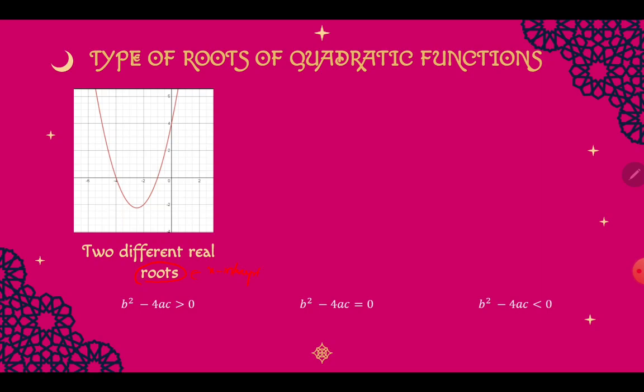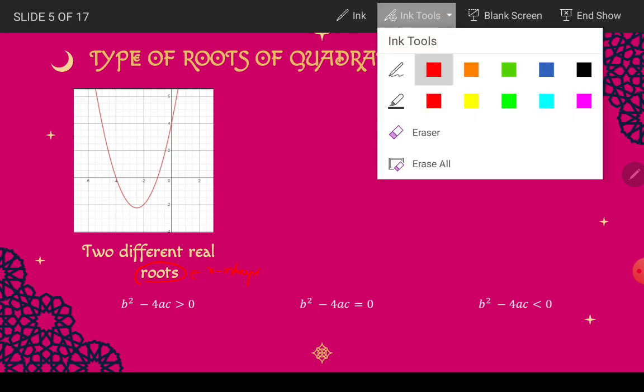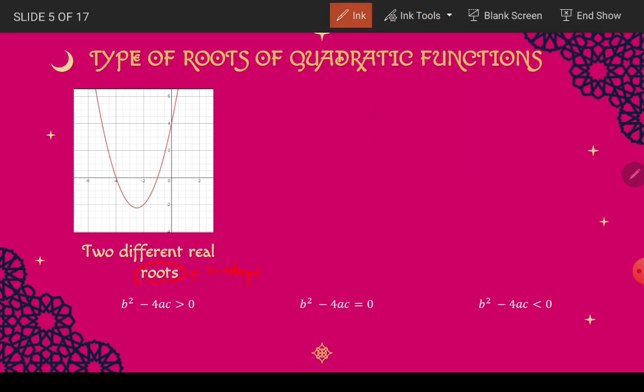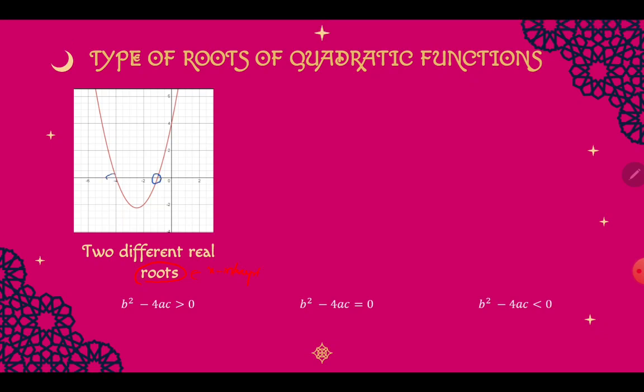Here. Let me change color. Where is the intercept? Here. So what type is it? It is two different real roots because it lies on two different values.